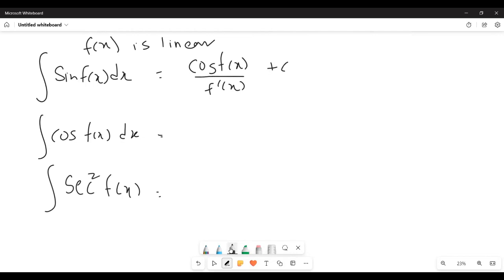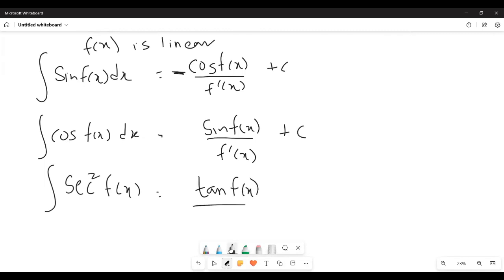Then the integration of cos fx is sin fx, and the denominator is f prime x, plus c. And then integration of secant square fx would be tan fx upon f prime x plus c.